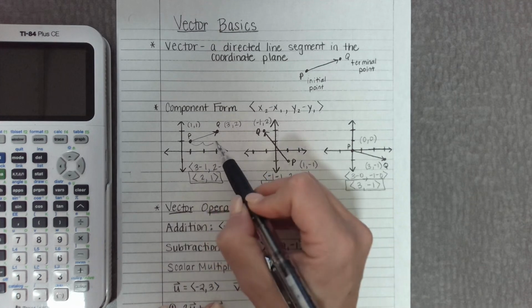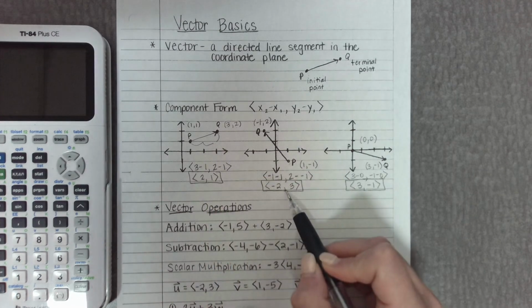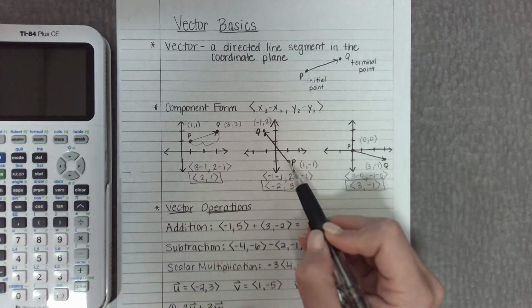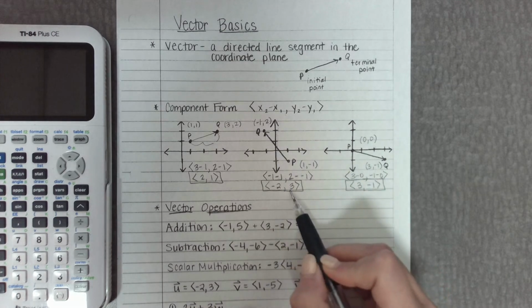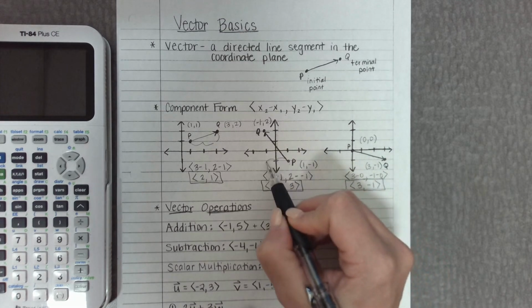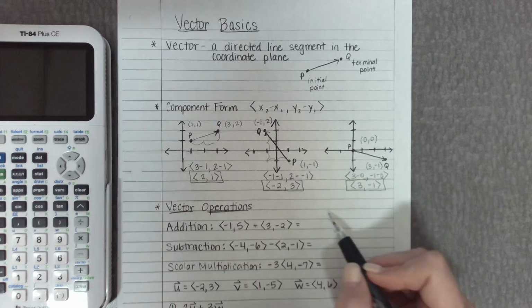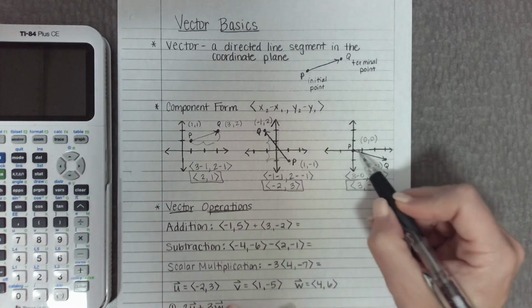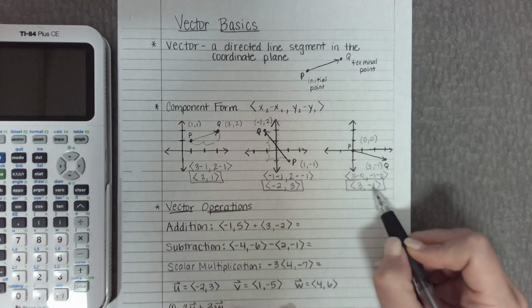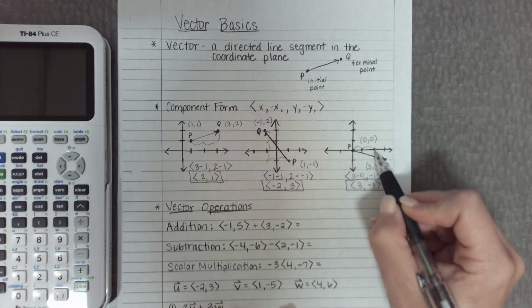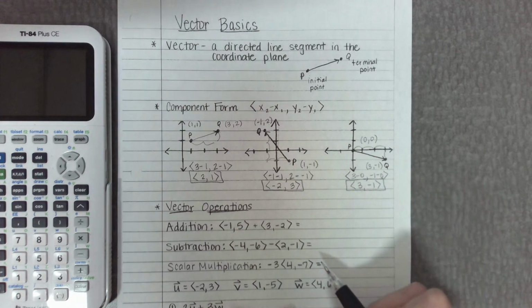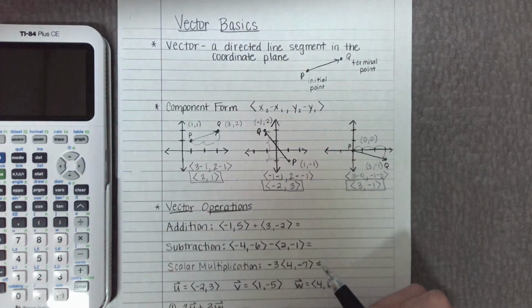For the second vector, to get from P to Q, negative 2, 3, you have to move left 2 and up 3 units. And then for the one that starts at the origin, right 3 and down 1. So the component form is really just specifying the movement to get from the initial point to the terminal point.